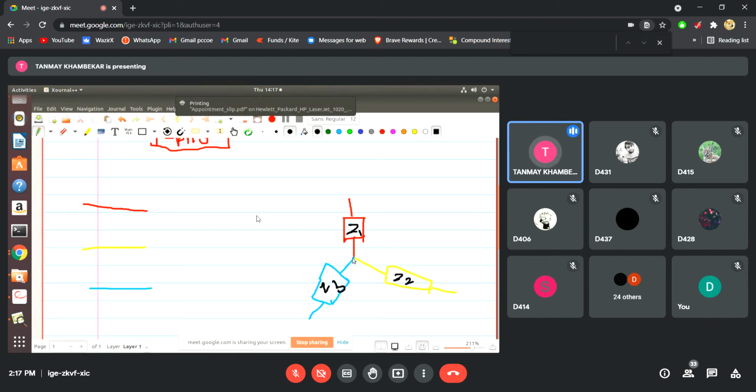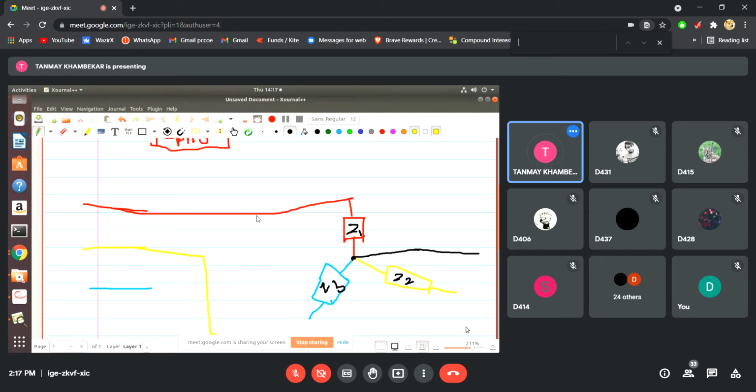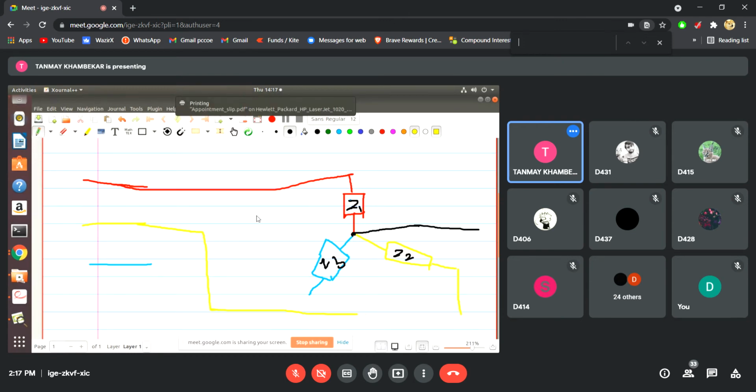In case of star, we get a neutral point. Now we will connect R supply to the R phase, Y supply to the Y phase, and B supply to the B phase.